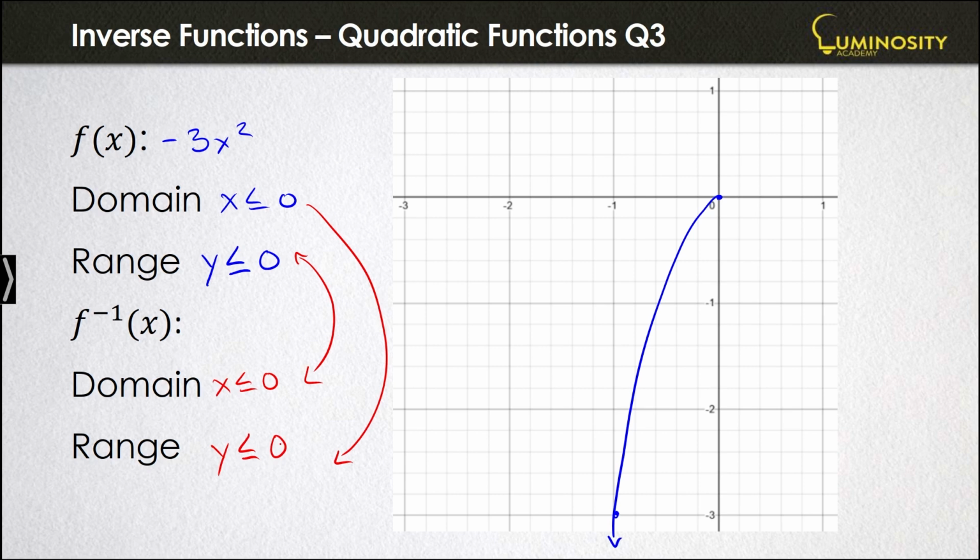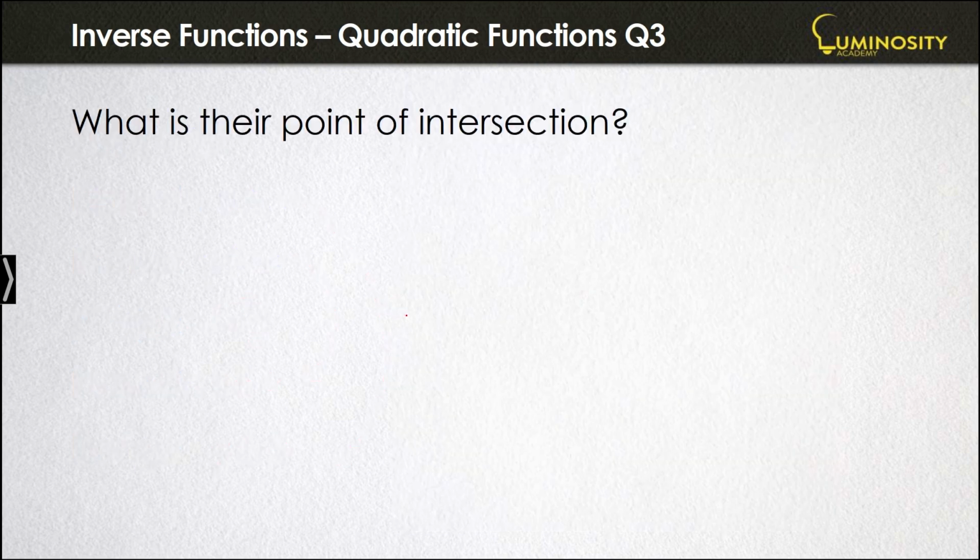And our function for this was the negative square root of negative x over 3. So for this, we start here, and then we go all the way out to there. And this is what our function looks like. So we found the domain and the range, and we found what our functions look like.